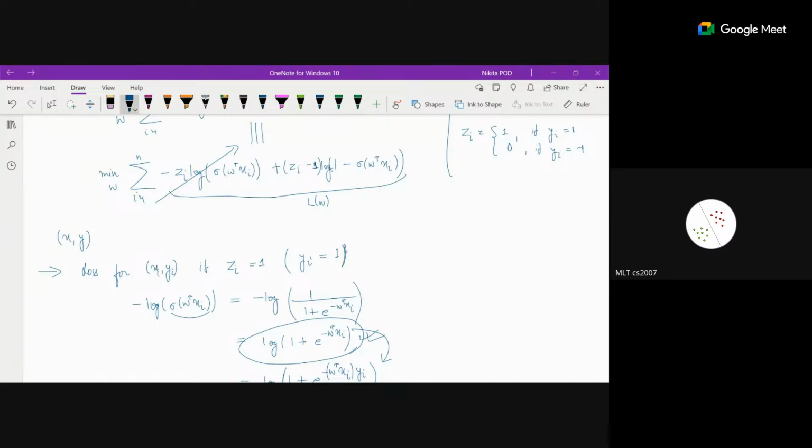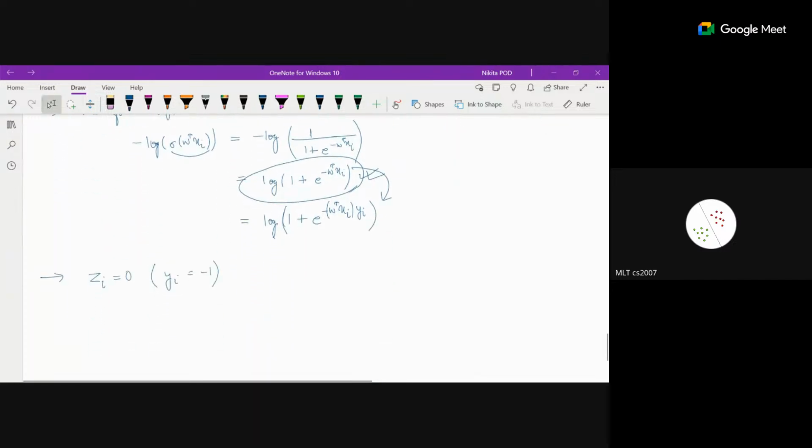So we are left with minus of log of 1 minus sigma of w transpose xi. This can be written as minus of log of 1 minus 1 divided by 1 plus e to the power minus w transpose xi.